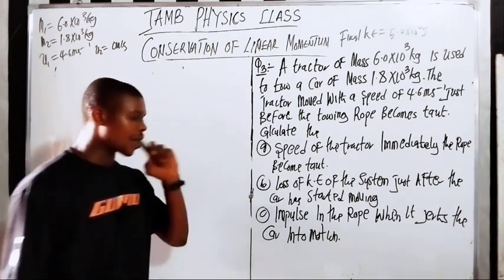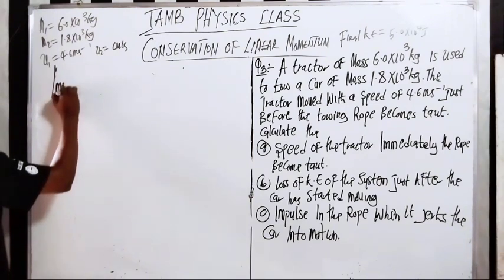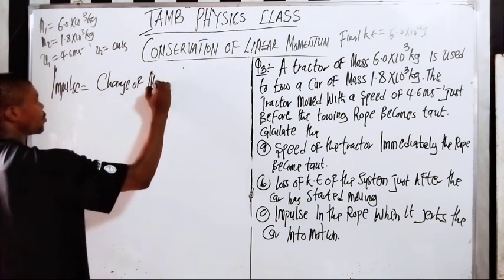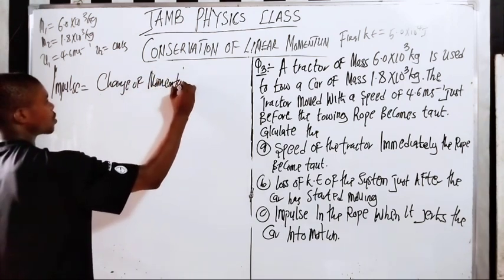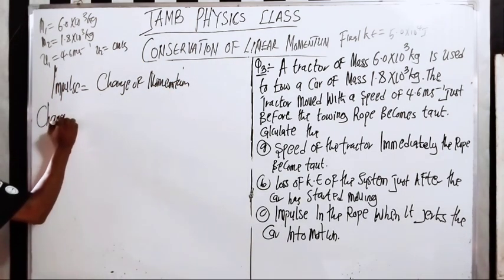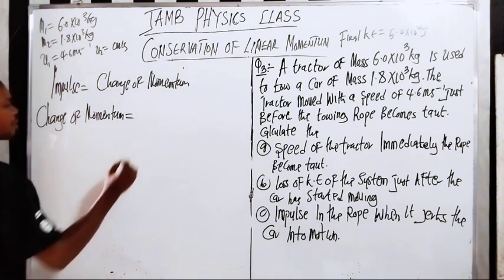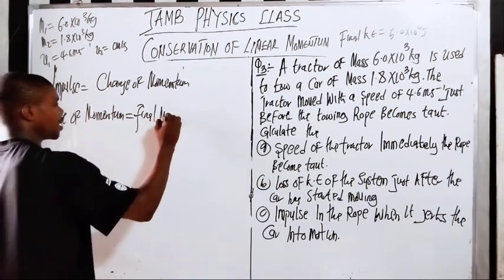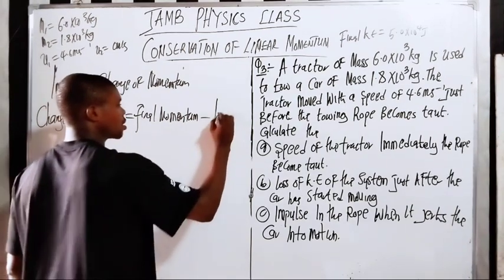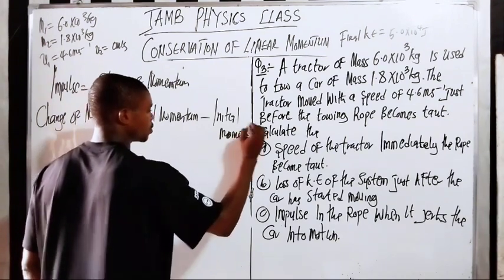So C. Now, how do you calculate C? Impulse equals change of momentum, and change of momentum equals final momentum minus initial momentum.